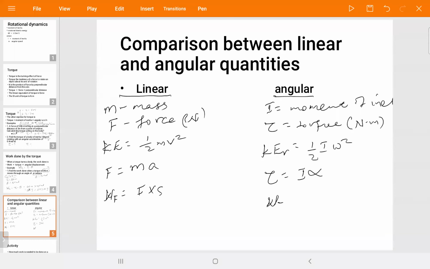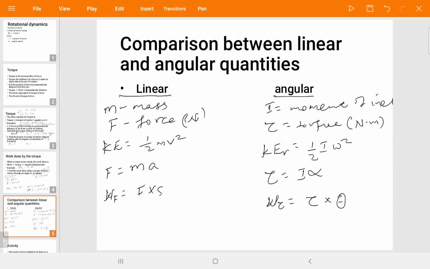Similarly, work done by torque is torque times theta instead of s. Therefore, torque, the turning effect, times theta gives work done by a torque.